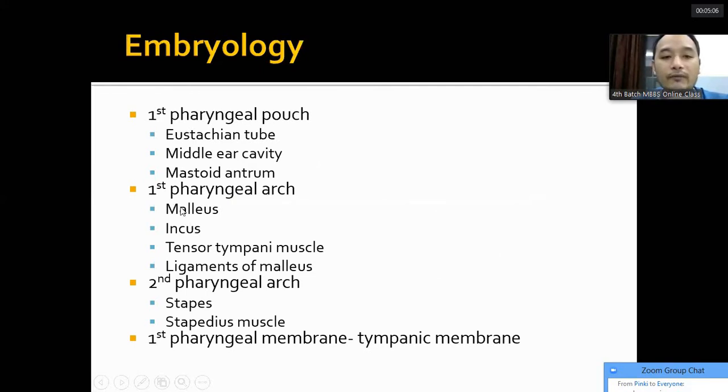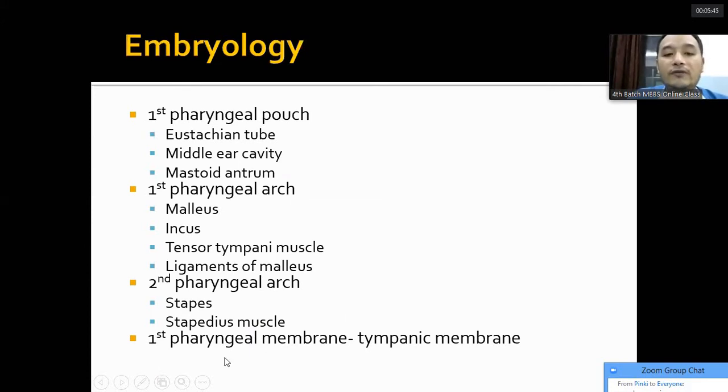Now the mesoderm of the first pharyngeal arch forms the Malleus and Incus. These two ossicles arise from the first pharyngeal arch, which gives rise to Meckel's cartilage. So Meckel's cartilage develops into the ossicles Malleus and Incus, and also the tensor tympani muscle and the ligaments of the Malleus. The mesoderm of the second pharyngeal arch gives rise to Reichert's cartilage, which gives origin to the Stapes and the stapedius muscle.